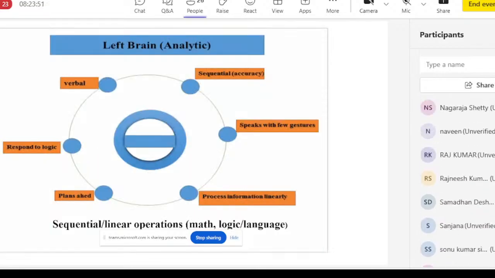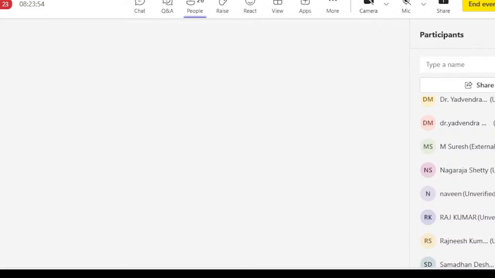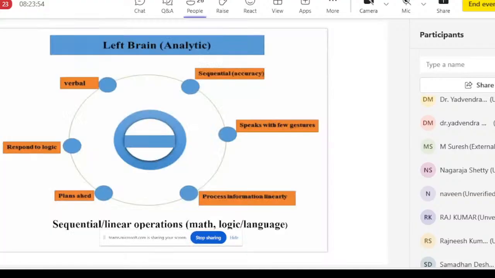You see that we have two brains: a left brain and a right brain. The left brain functions only in the analytical part. Its mode of operation is verbal and sequential, and accuracy is also there. It responds to logic and plans ahead.